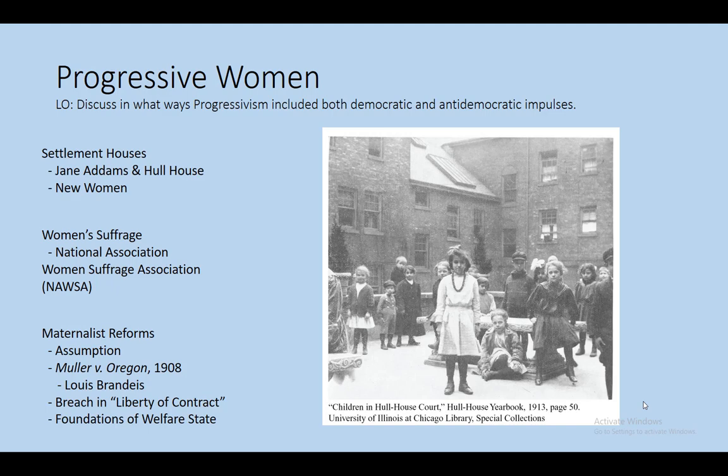Eventually, the idea will spread that maybe the government should be concerned about the conditions of men too, right? Maybe nobody should be working 80 hours a week for starvation wages. And Brandeis and many others eventually envisioned kind of universal economic entitlements, such as a decent income, such as accident and unemployment insurance.